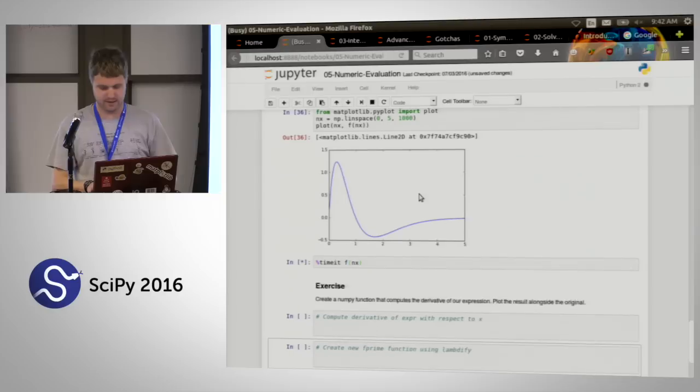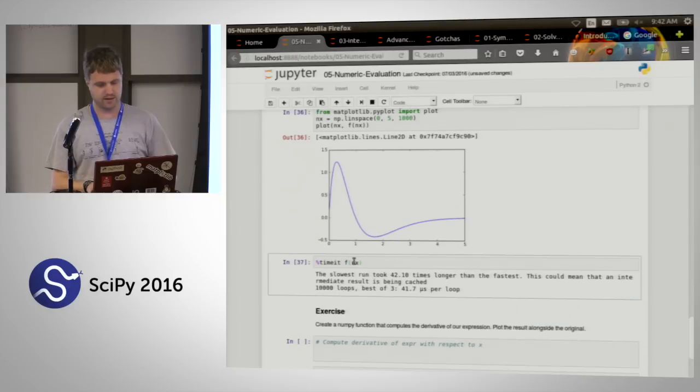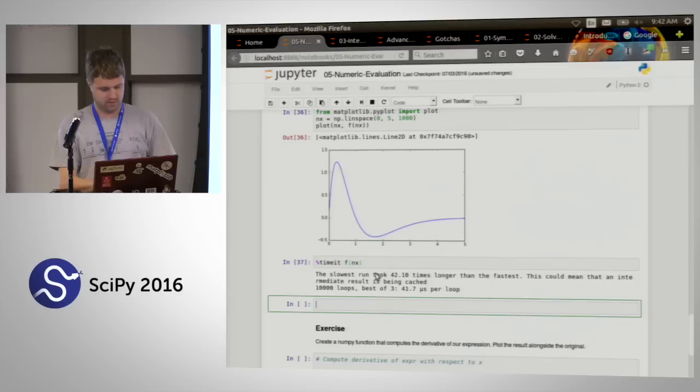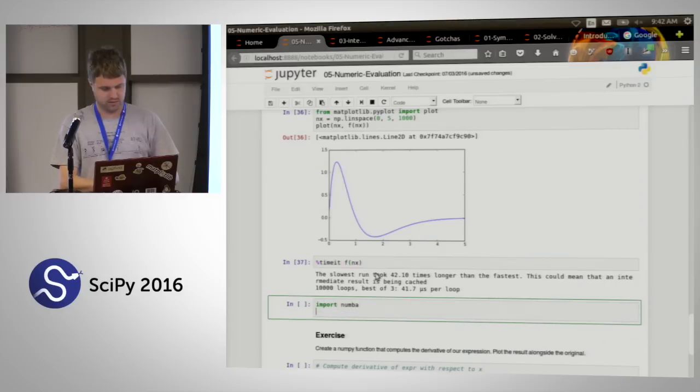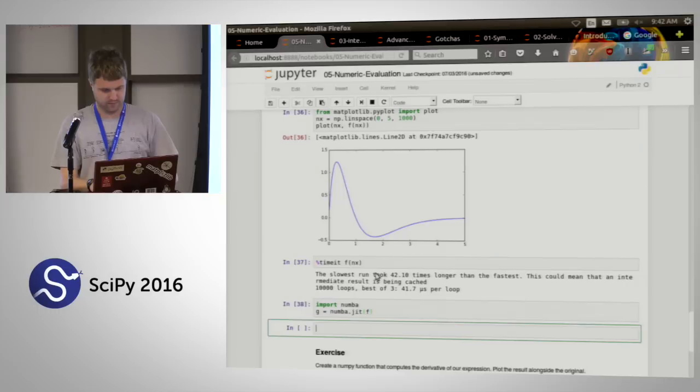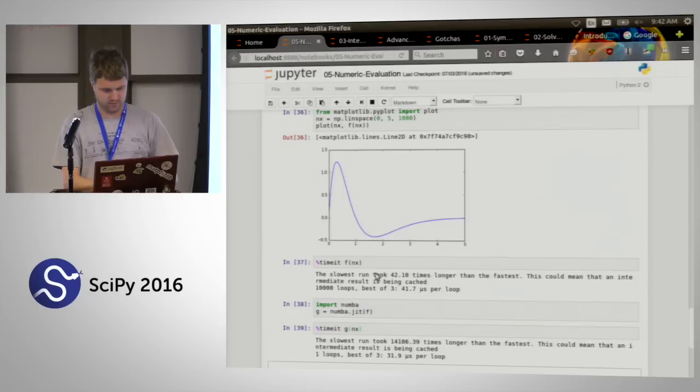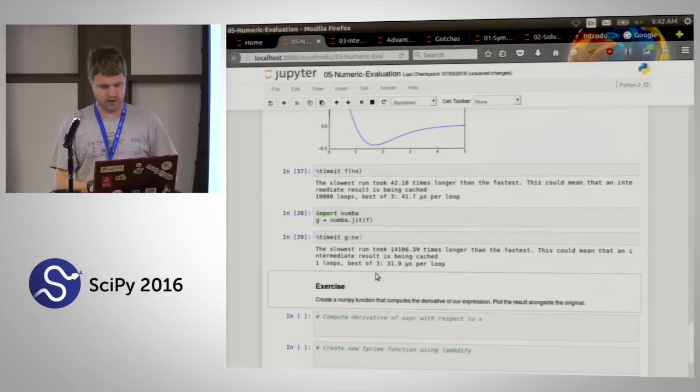So let's see how fast it takes to evaluate on this NX array. I don't know why it would be cached, but yeah, okay.